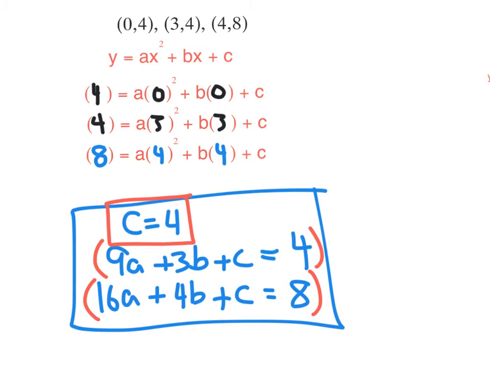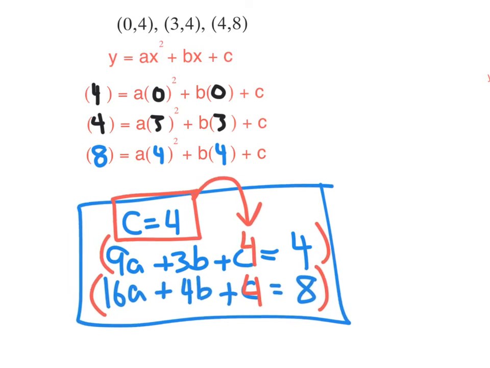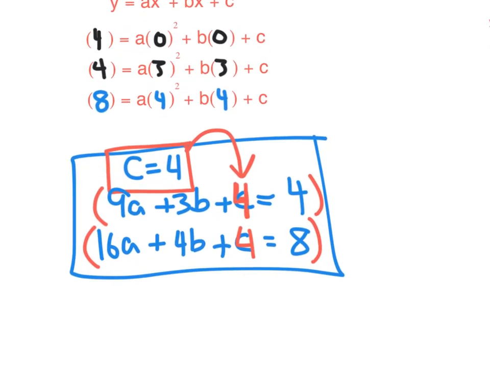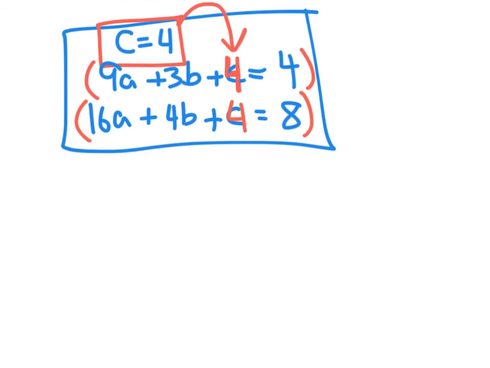And you could even do this right now. You could take the c value of 4 and put it right here and right here, because you already know that c equals 4. So what does this mean? It means that you really have, whoops, let me fix this right here. So when we plug it in, what we could do is actually rewrite this system as a 2 by 2 system, because you have the 9a plus 3b.